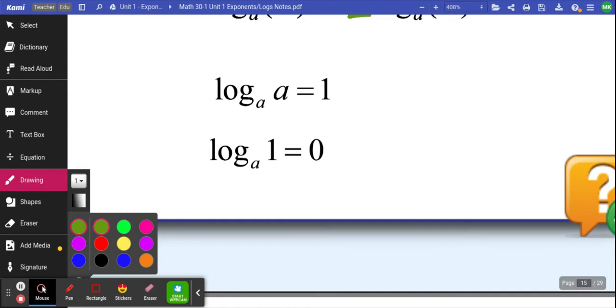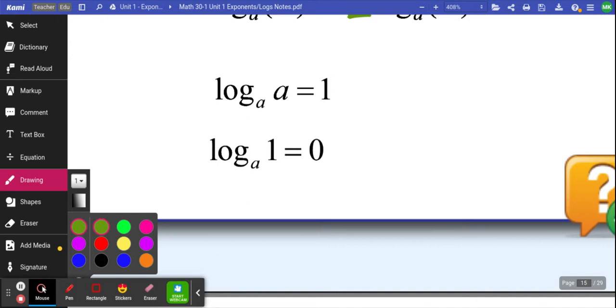So that's why this would equal 1. Same base, same argument equals 1. Someone's freaking out there. The second random log law has to do with if the argument is 1. Because this would be what exponent do you put on the base to make it equal to 1? And we know that anything to the power of 0 would equal 1. So anytime the argument is 1, the whole log is 0.